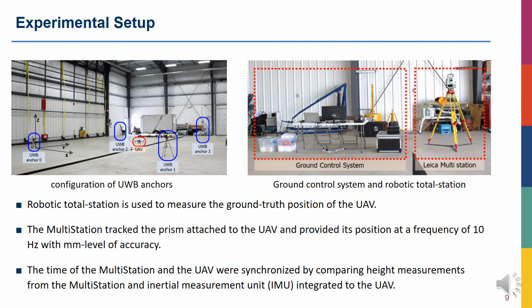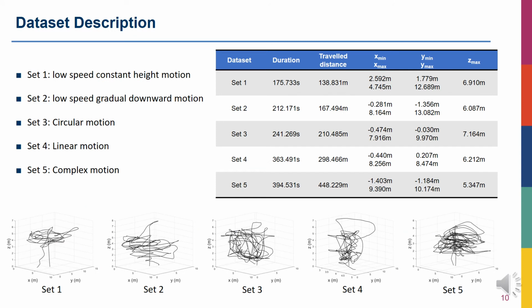The time of the multi-station and the UAV were synchronized by comparing height measurements from the multi-station and the inertial measurement unit integrated into the UAV. In this experiment, we acquired 5 data sets, manually navigating the UAV in different patterns. The specifications of the acquired data sets are summarized in the table.